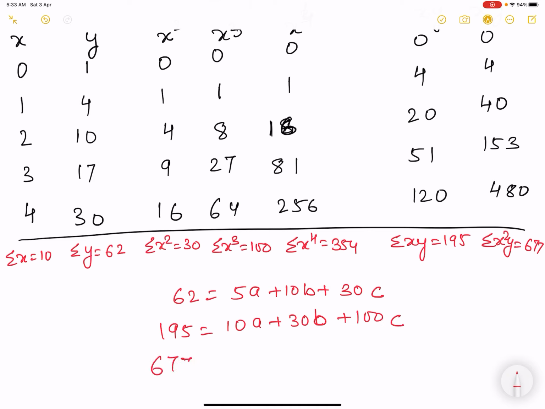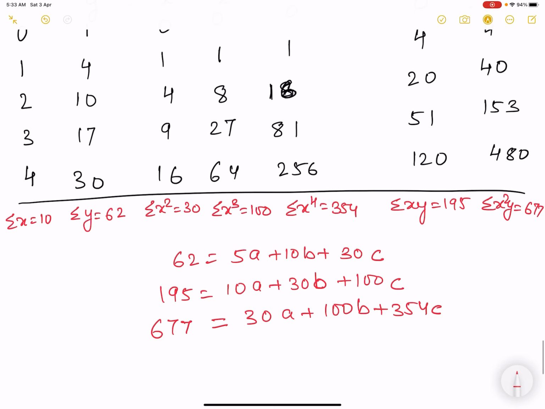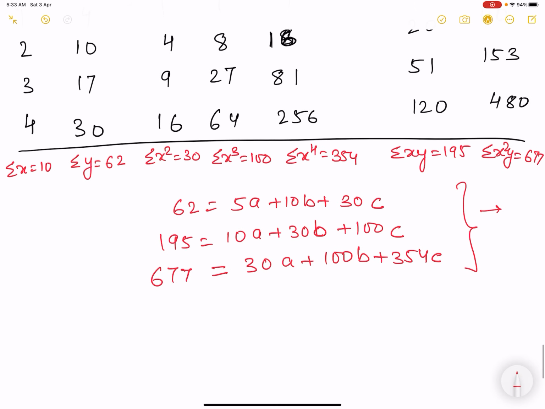What is the value of sigma x square y? It is 677 plus 30a plus 100b plus 354c. Now again you may use your calculator and solve this equation to get the values of a, b and c. So when we solve this, we'll get a is 1.2, b as 1.1 and c as 1.5.